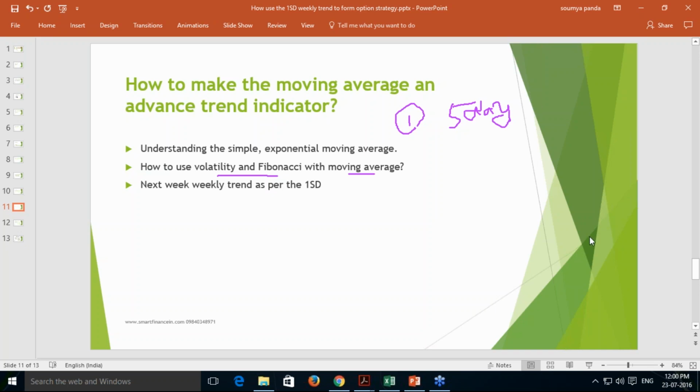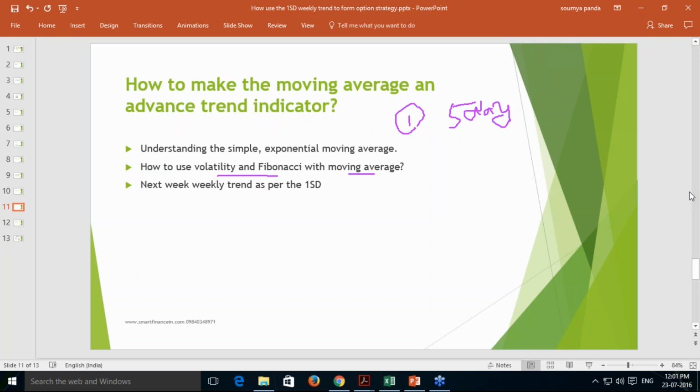Whenever the price moves above the average, you used to say that the trend is up. Some people use the 200 days moving average, some the 150 days moving average. Whenever the prices fall below and remain below the moving average, it is told that the trend is down.